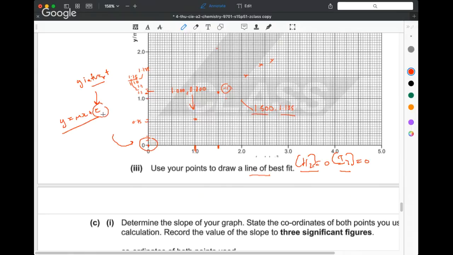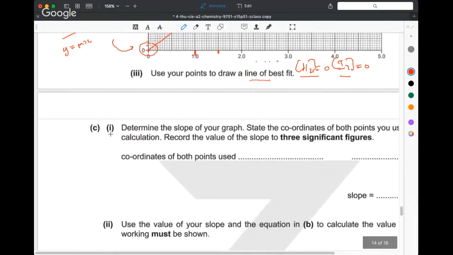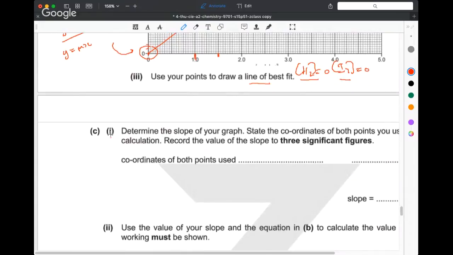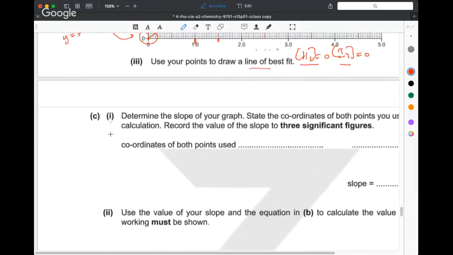So that's a clue that the equation of the line that you've drawn here is of the form y equals mx, because the intercept c is 0. So that's a reason for making sure you've got the 0, 0 point in there.